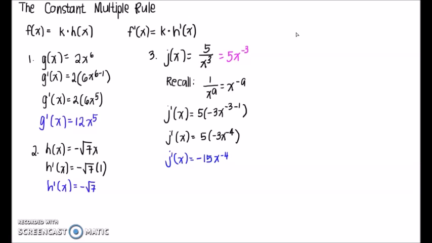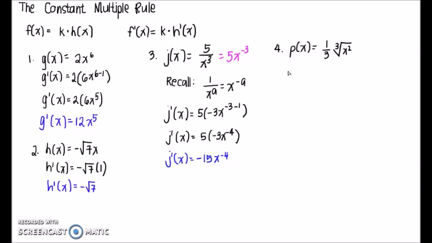So now, let's try another example again. If we are given p of x is equal to 1/3 of the cube root of x squared. So, we have discussed this before.